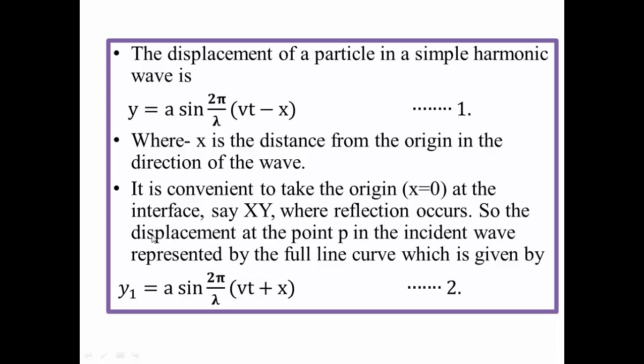So the displacement at the point P in the incident wave, represented by the full line curve, is given by y1 is equal to a sin 2π/λ into (Vt plus x).